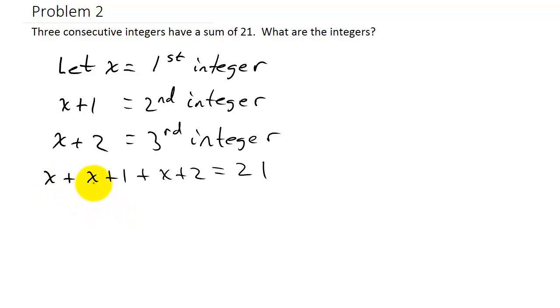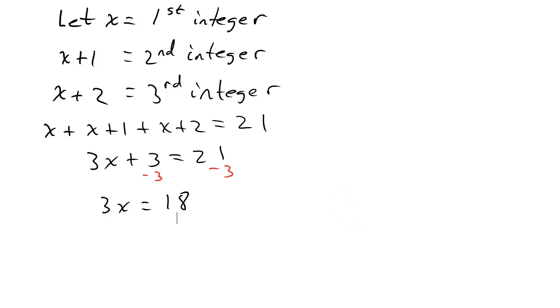So I get x plus x plus x is 3x, and 1 plus 2 is 3, and that should equal 21. So I can subtract 3 from both sides. I get 3x equals 18, and then I'm going to divide both sides by 3, and so I get x equals 6.